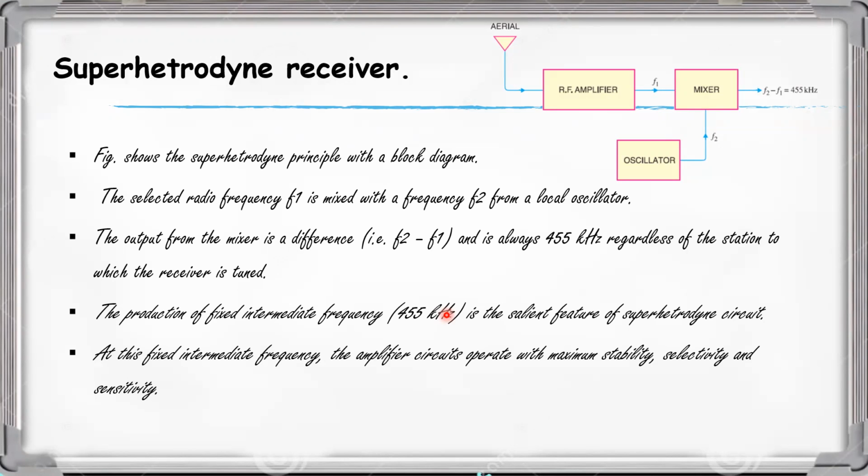That is, we know that tuned amplifiers are used in high frequency amplification. Then we can set an amplifier to amplify a frequency of 455 kilohertz with very high gain. Such an amplifier must have maximum stability, selectivity and sensitivity.